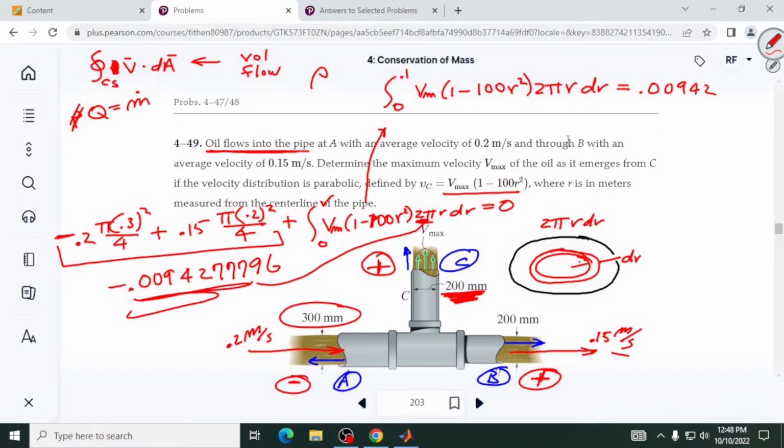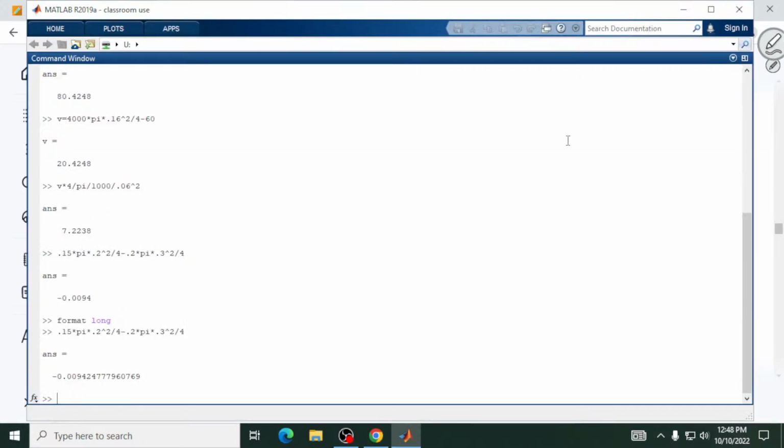The beauty is MATLAB will carry all those digits. So I'm going to go back to MATLAB here, and I'll put a minus sign in front of it so I can get the positive version of that.